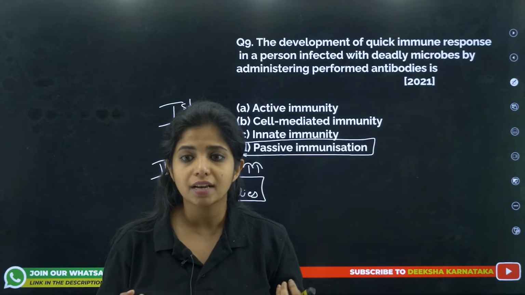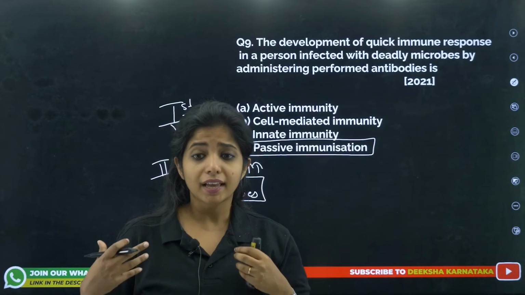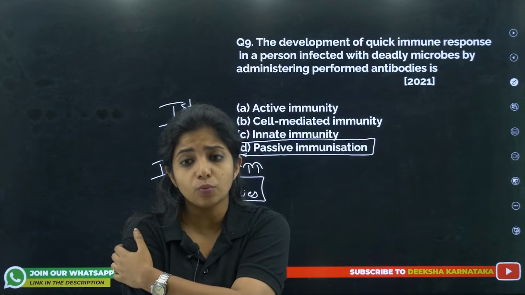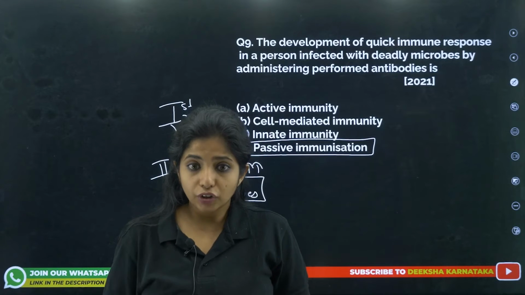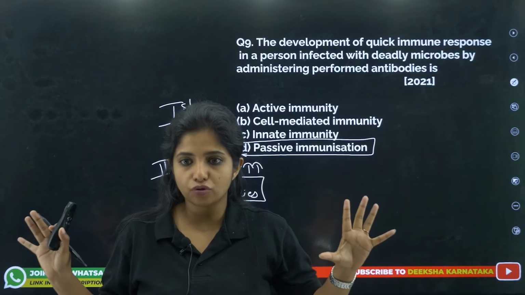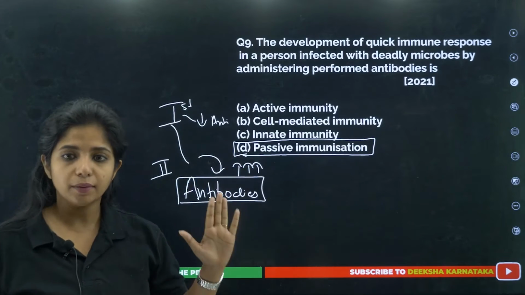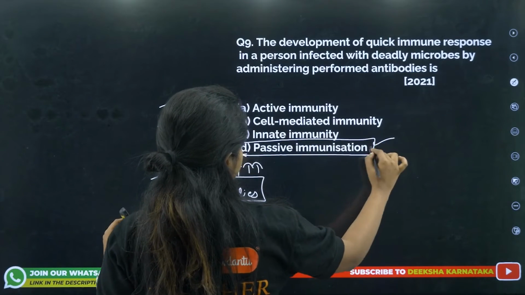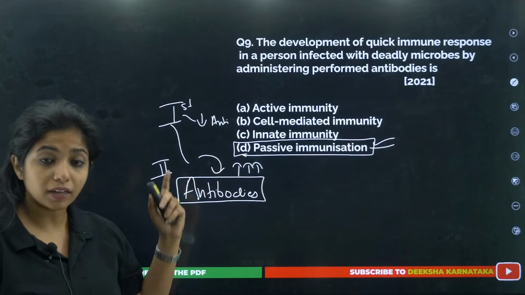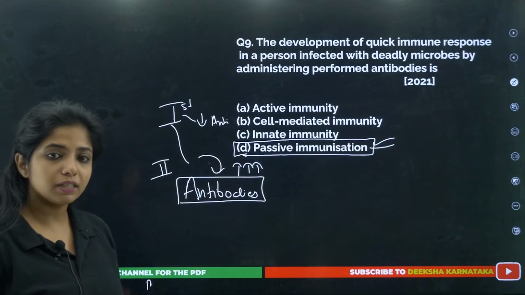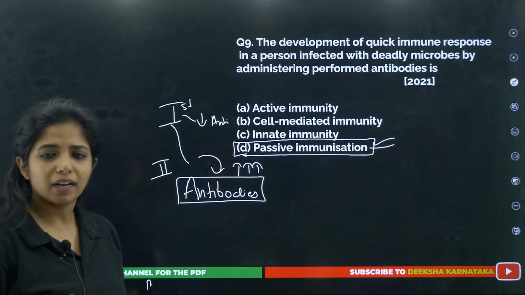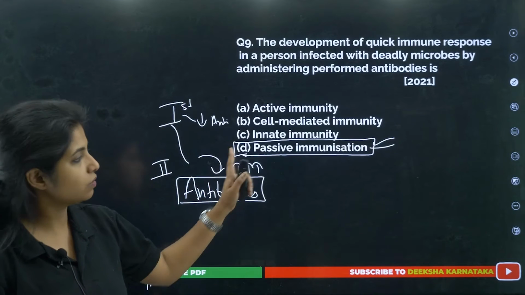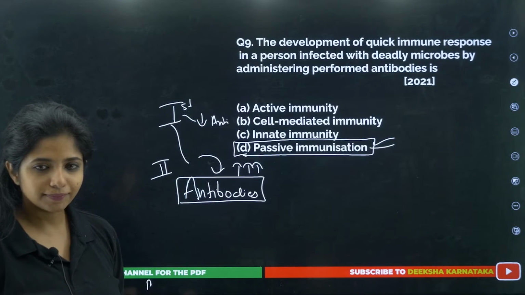Why do you take the tetanus injection? It also contains antibodies itself, so that you remain strong and nothing happens to you as of now. So this is passive immunization. When you are actively involved, for example, I get a disease and next time there is an immune response, that is known as active immunity. This is passive immunization. Cool?